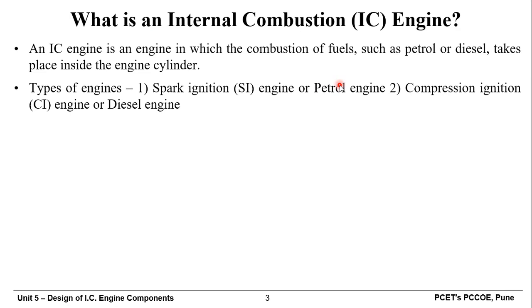In that engine, the spark plug is used for the ignition of the fuel, so it is also called as spark ignition engine or SI engine. Similarly, if the fuel used is diesel, then the engine is called as CI engine or diesel engine, as due to compression, the temperature of the diesel is reached to self combustion and the ignition starts.